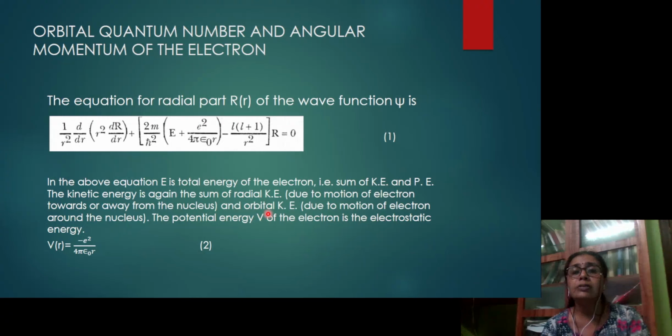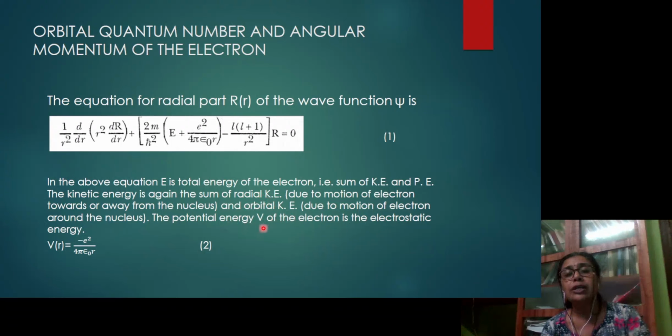If you consider the motion of the electron around the positively charged nucleus in the hydrogen atom, it has motion along the position vector, that is small r, and it also has angular motion. So it has radial kinetic energy and orbital kinetic energy. Let us denote them by Ke radial and Ke orbital.